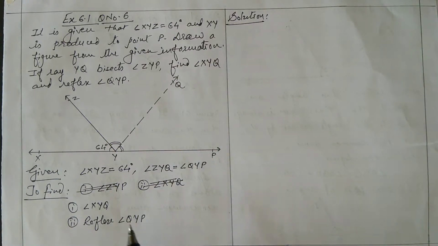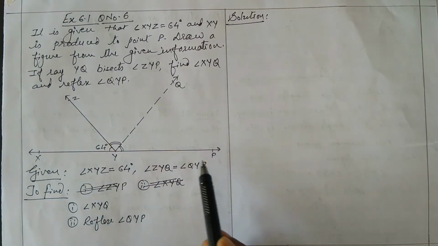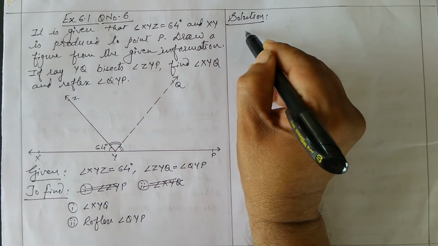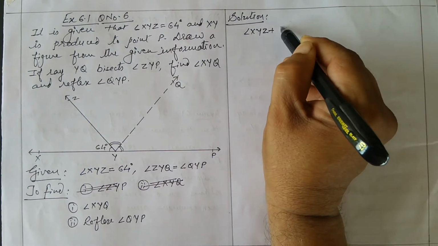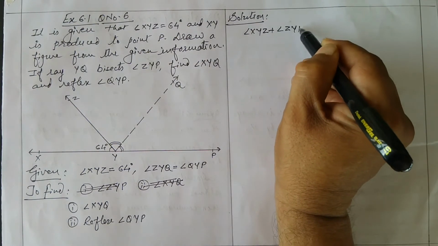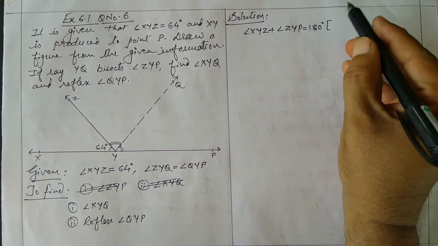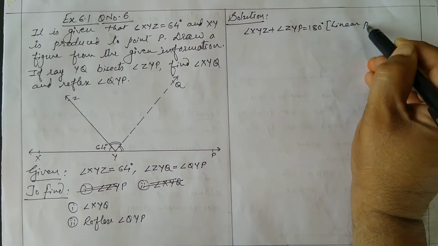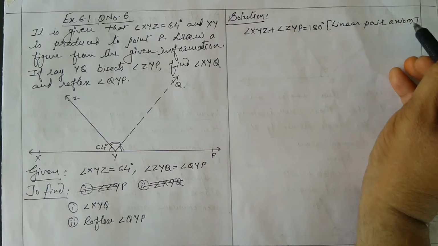तो सबसे पहले हमको XYZ, अगर आप देखेंगे XYZ and ZYP, they are forming a linear pair. Let us write angle XYZ plus angle ZYP is equal to 180 degrees. Okay, linear pair axiom you can write as the reason.